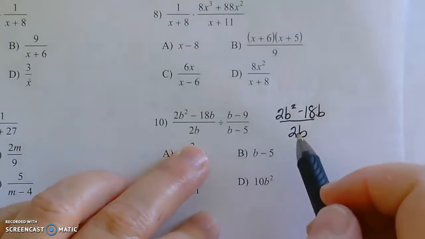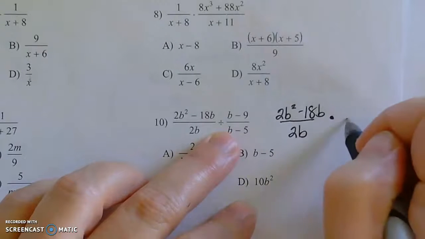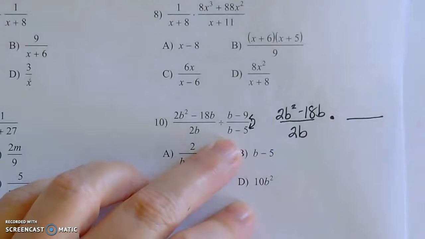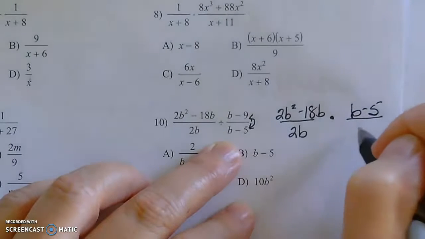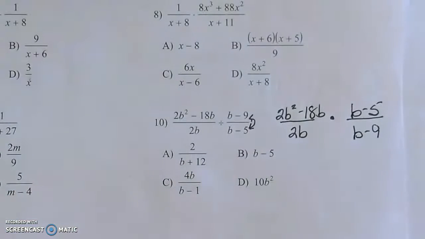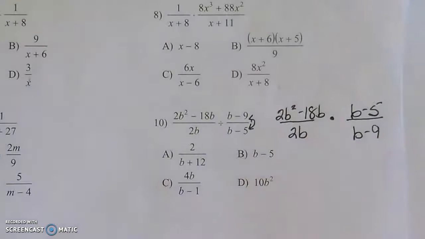Keep the first fraction. Change division to multiplication. And we're going to flip that second fraction. So the b minus 5 is going to go in the numerator. B minus 9 is going to go in the denominator. Okay, so now, keep, change, flip, got that?